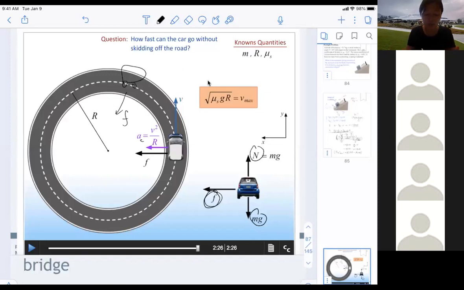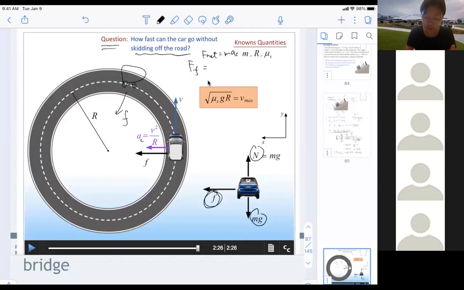If you were curious about how fast you can go without skidding off the road, you can simply do a centripetal acceleration. In this case, your static friction is providing F net equals ma, right?